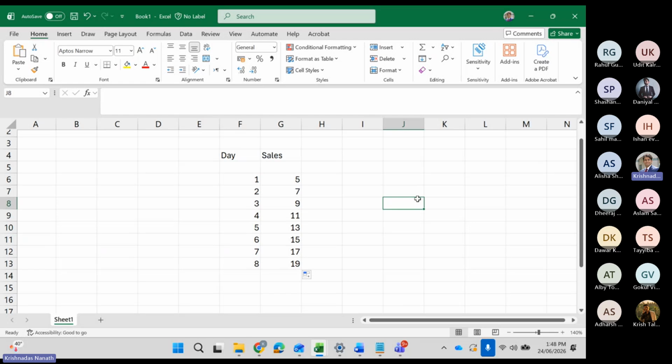Interesting. Anyone else? He says 63 without dragging or doing anything on his own. Day number 30. What is the predicted sale? 63. Tell us, Aisha, how 63? Because it's 2x plus 3.